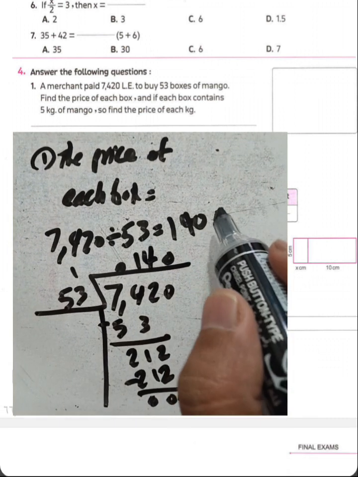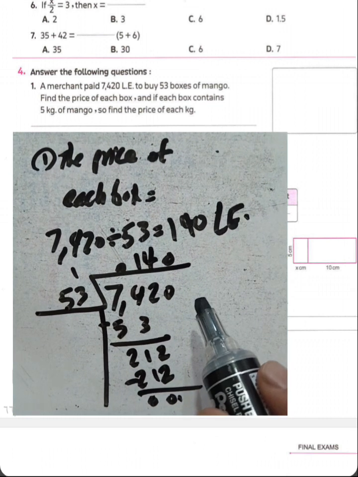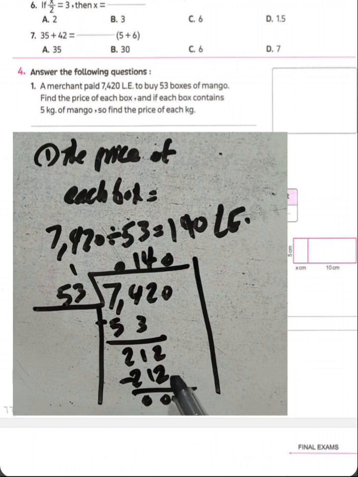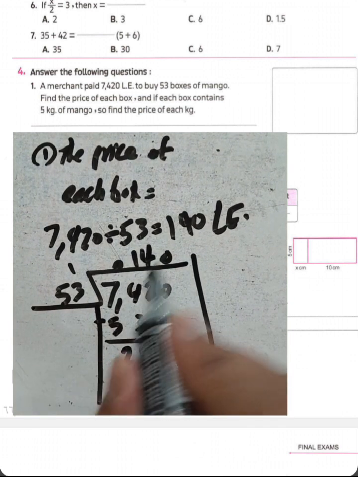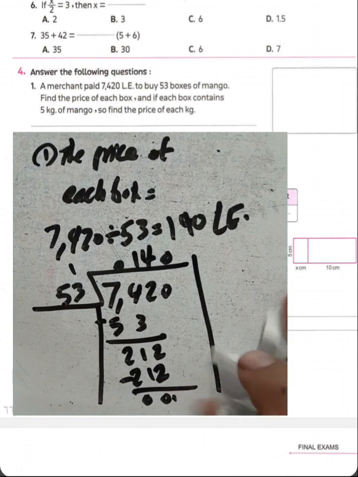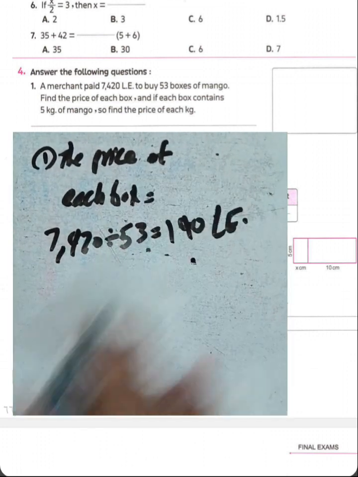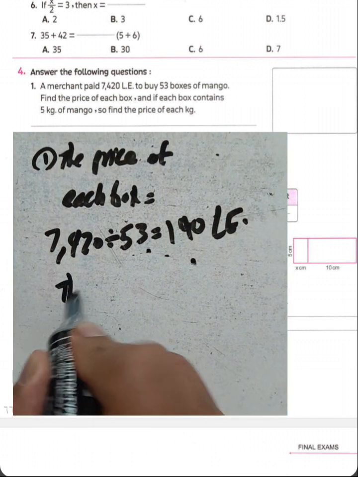And then if each box contains 5 kilograms of mango, find the price of each kilogram. We can find the price of each kilogram by dividing 140 by 5. Use long division.